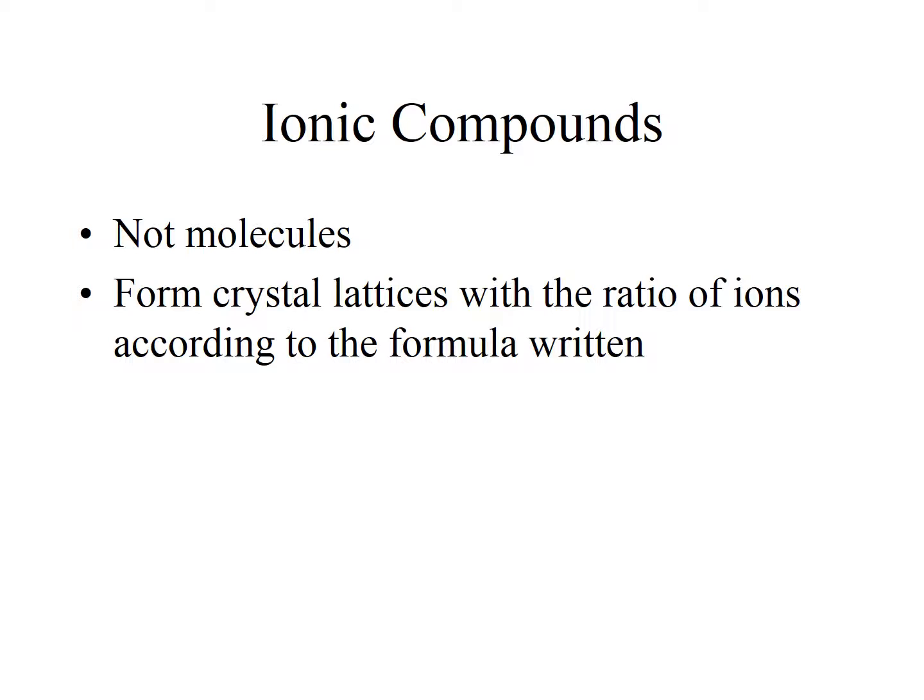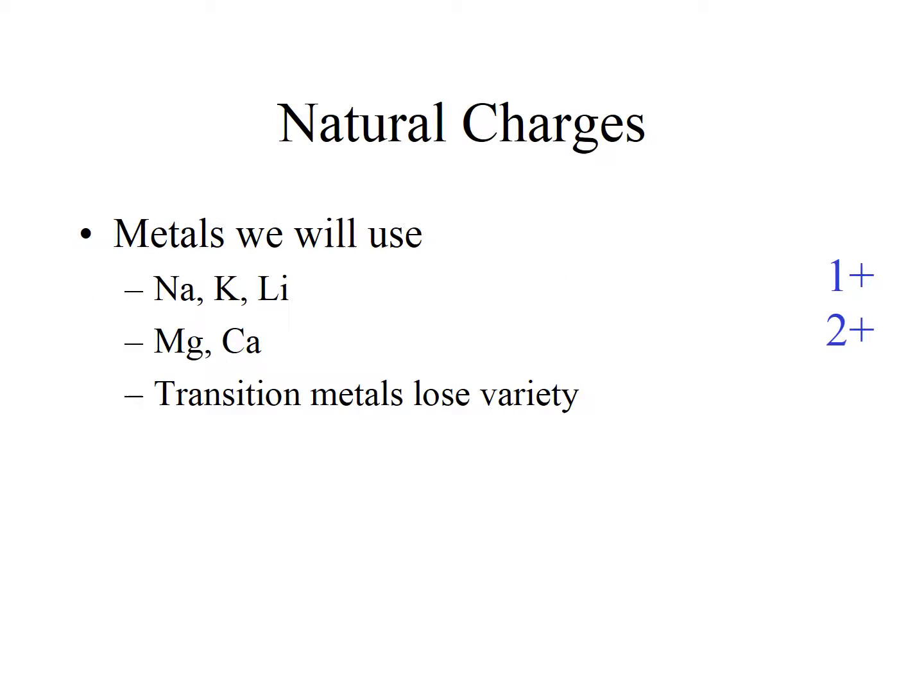This is not so important in the lecture part of organic, but when we get to lab, it will be important to understand that ionic compounds are crystal lattices. It helps you understand why they dissolve.